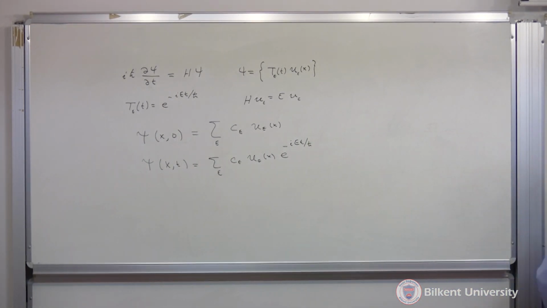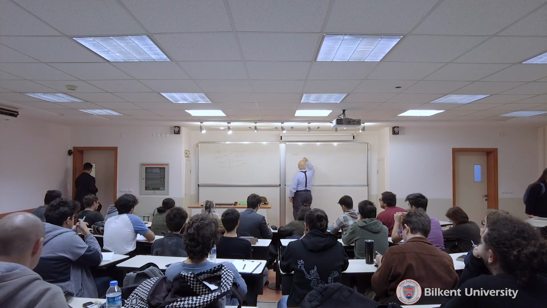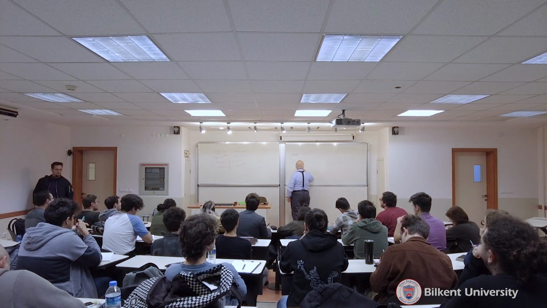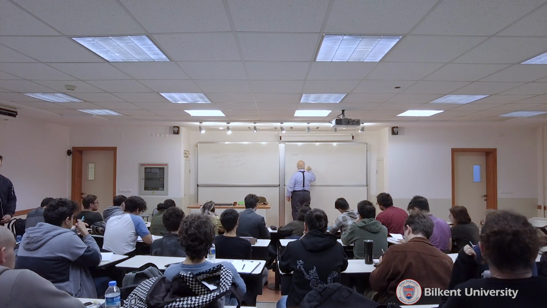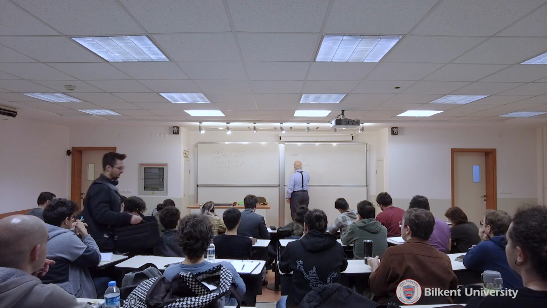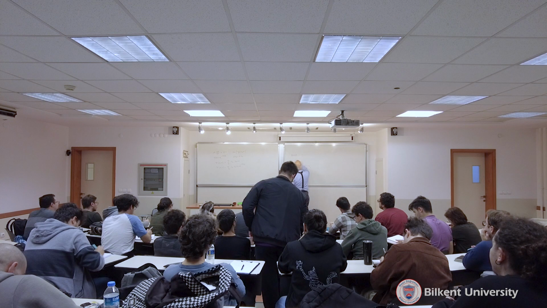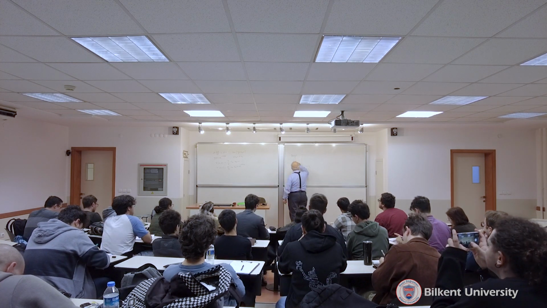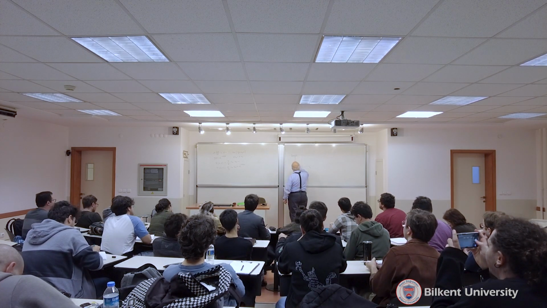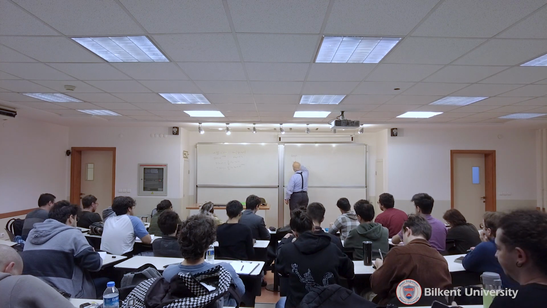So again, as an example, suppose I have this infinite well. This time I'm going to put it so that it extends from minus a over 2 to a over 2. Okay, so those are my potential walls.